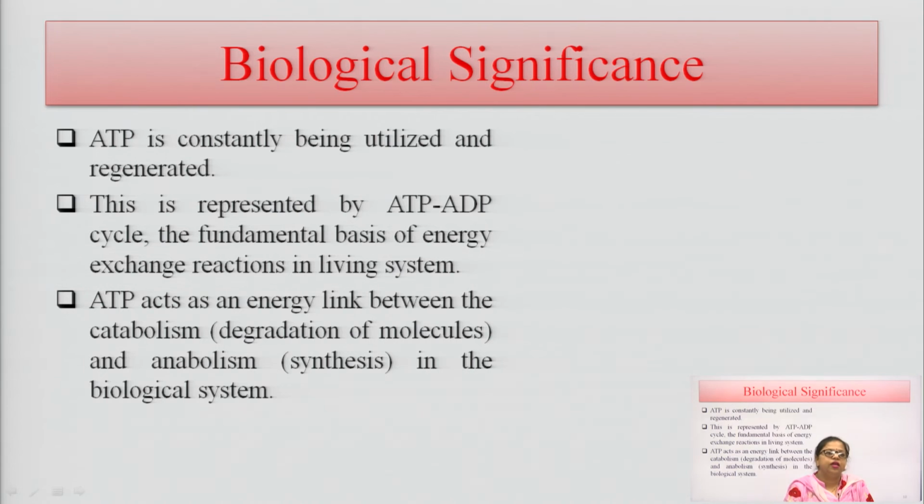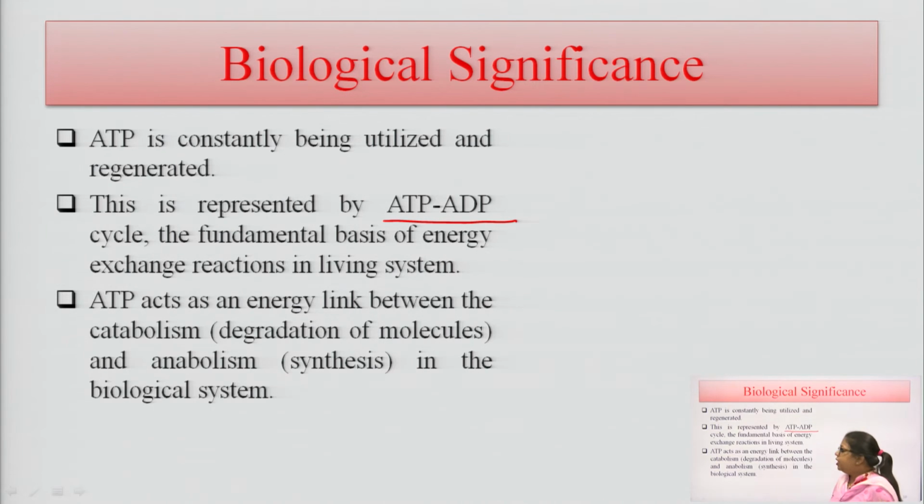So, this ATP is constantly being utilized and regenerated, and it is represented as the ATP-ADP cycle. This cycle is the fundamental basis of energy exchange reactions in the living system. It is required for the release of energy.